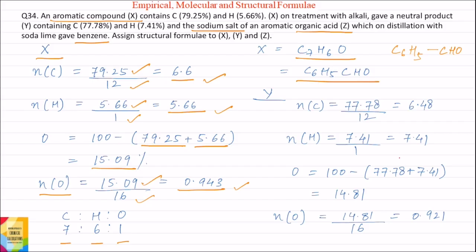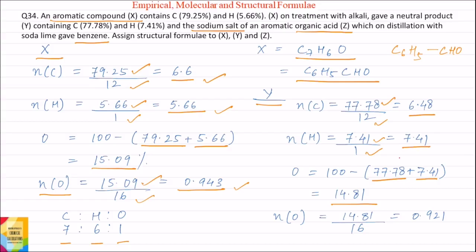Now X on treatment with alkali gave a neutral product Y. अब Y में moles of carbon हो जाएगा percentage of carbon divided by atomic weight of carbon which is equal to 6.48. Moles of hydrogen हो जाएगा percentage of hydrogen divided by atomic weight of hydrogen which is equal to 7.41. Percentage of oxygen होगा 100 minus percentage of carbon plus percentage of hydrogen which is equal to 14.81%.